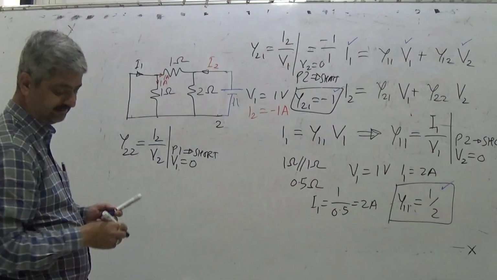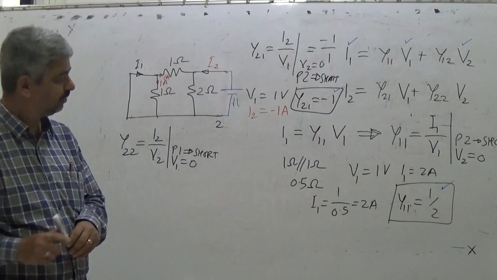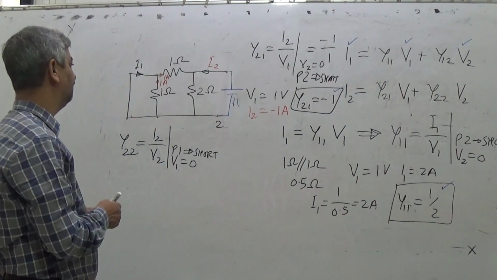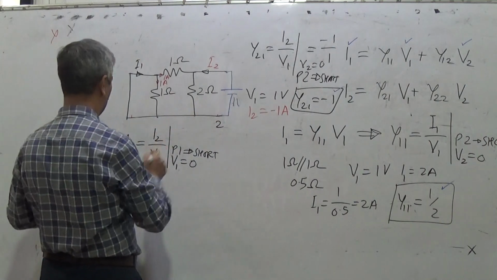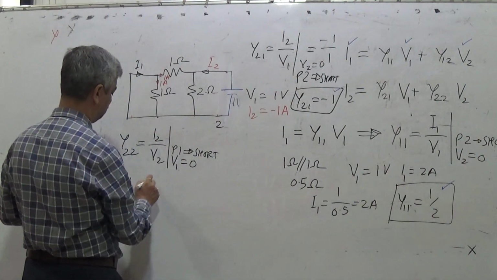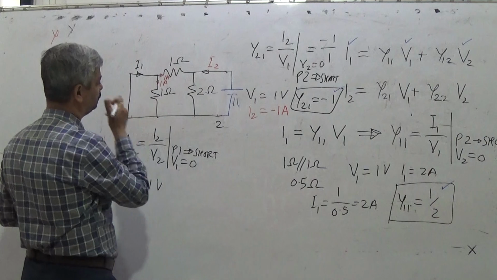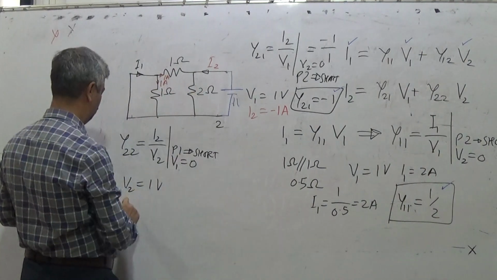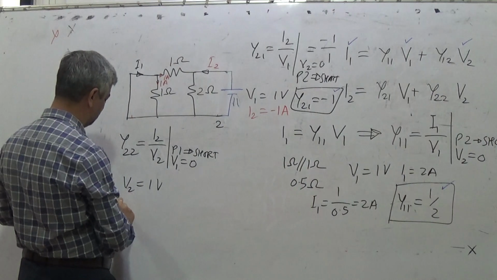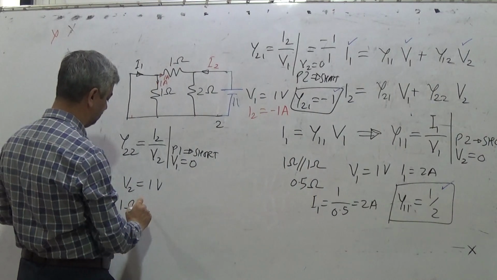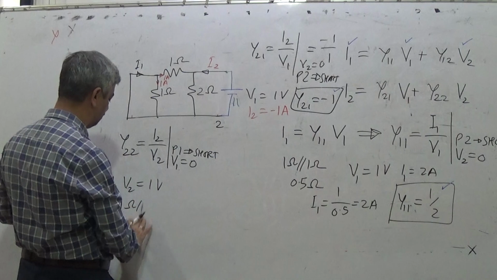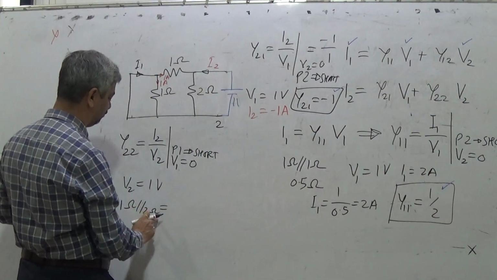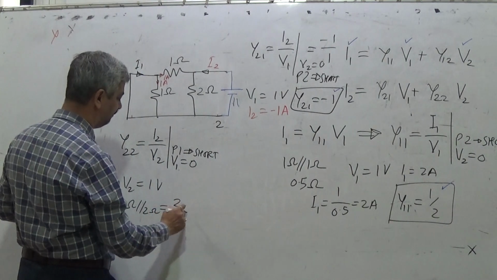So in this case, V2 is 1 volt. This is shorted. So what will happen? This goes out. So effectively this is 1 ohm parallel 1 ohm parallel 2 ohm. 1 ohm parallel 2 ohm is 2 by 3 ohm.